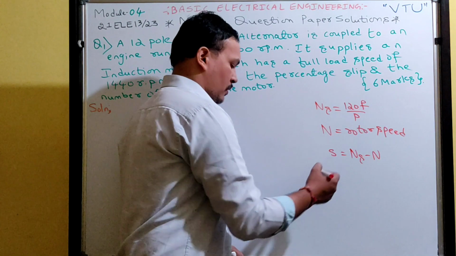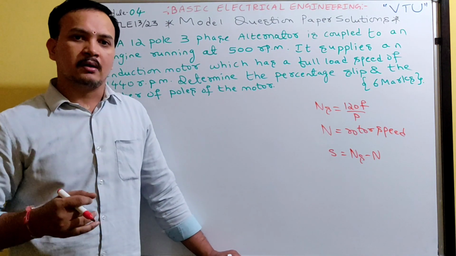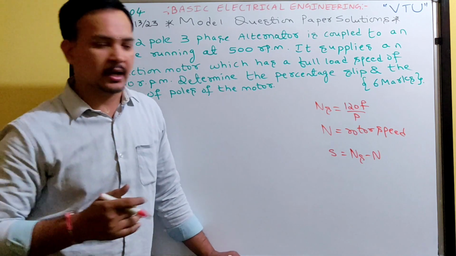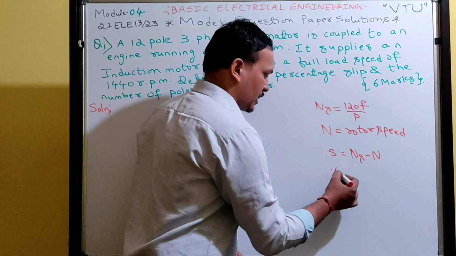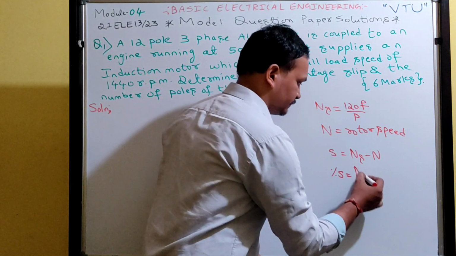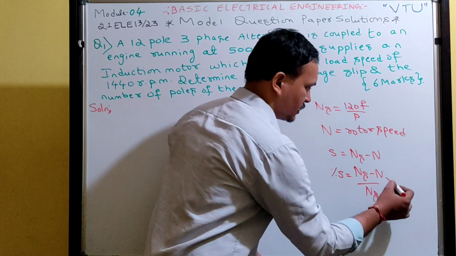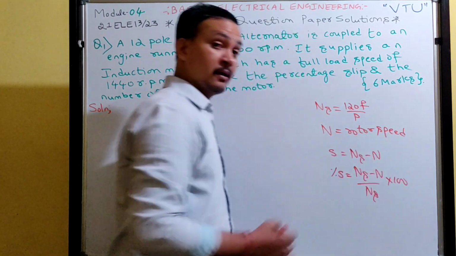While solving problems they are going to ask to determine percentage slip, or determine slip only. Whenever they ask to determine percentage slip, you must remember this formula: Ns minus N divided by Ns, multiplied by 100.